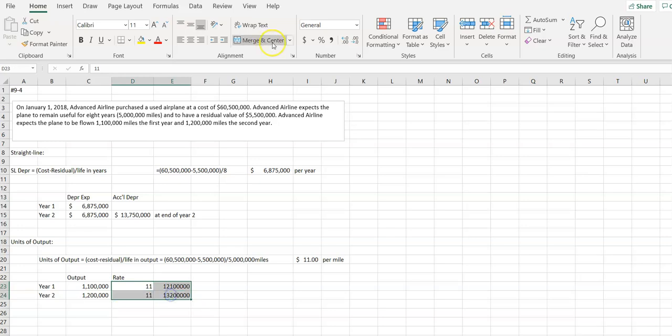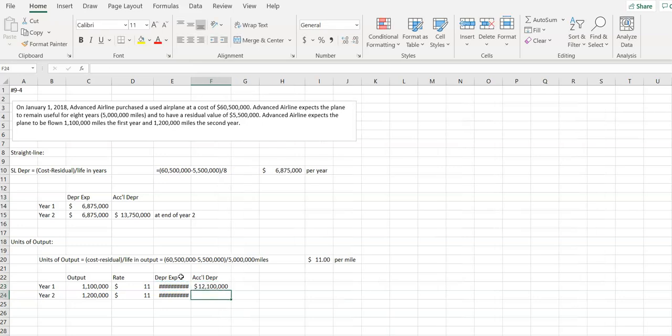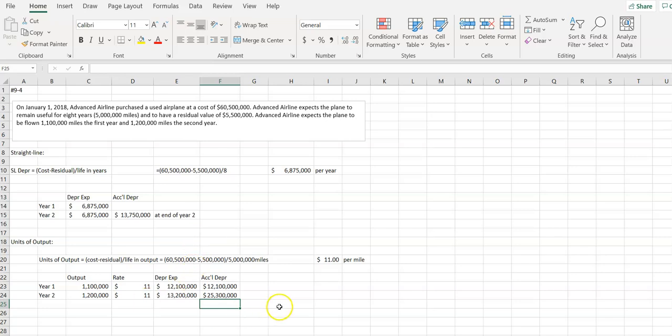These two are both dollars. This is depreciation expense. And then our accumulated depreciation is just that at the end of year 1. And then that plus that at the end of year 2. So this is end of year 2.